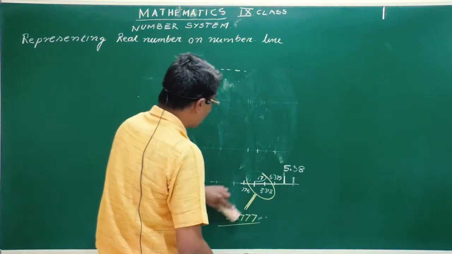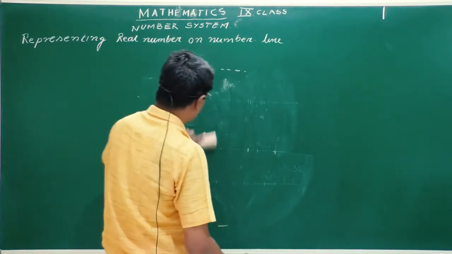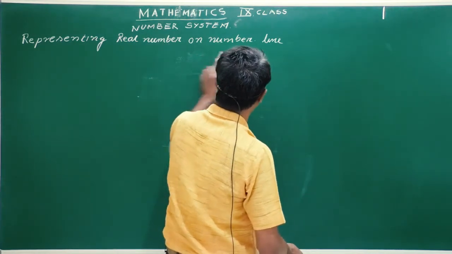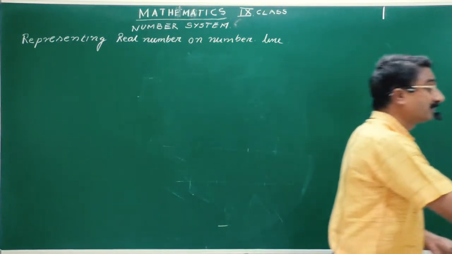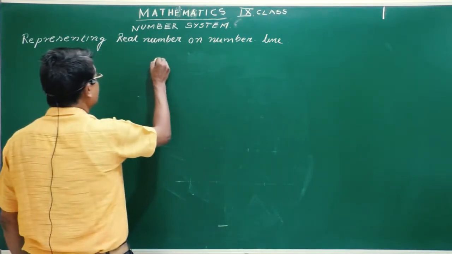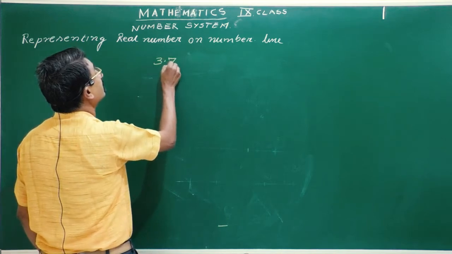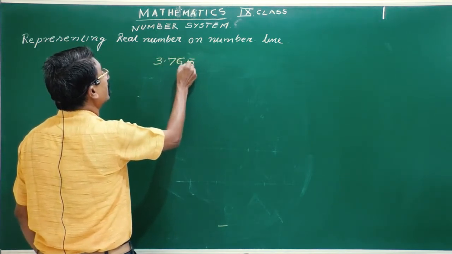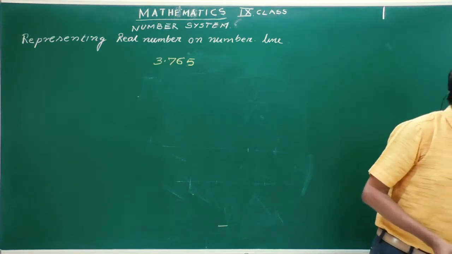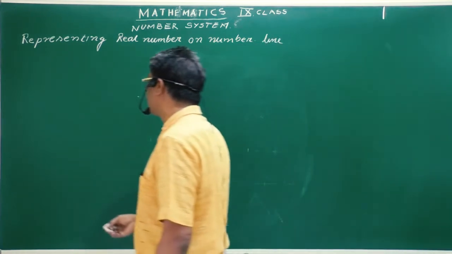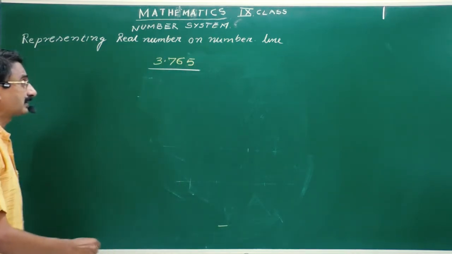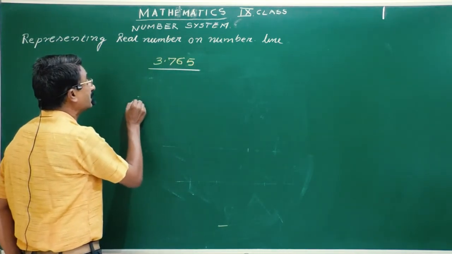Question number 1: I'm quite confident that you can draw or visualize 3.765 on the number line by the method of successive magnification.